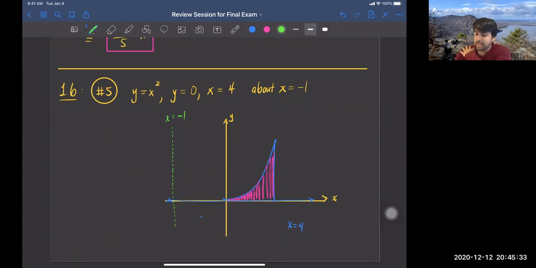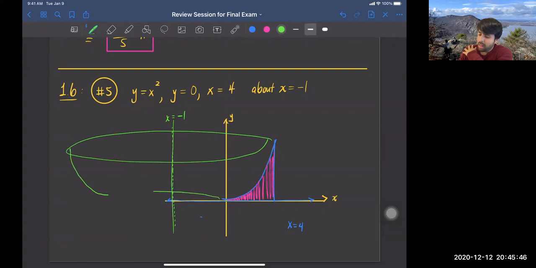So this is my axis now, and this is what I'm rotating. I'm revolving around, right? So I'm going to have something that looks like this. Do you guys see that? It's like a bowl, but it has a hole in it.